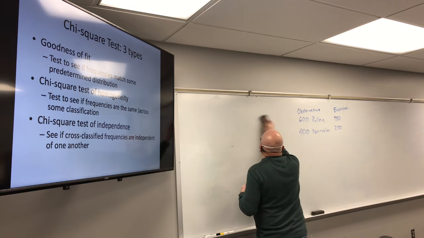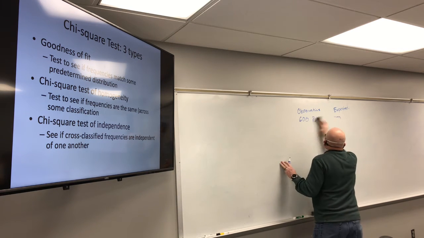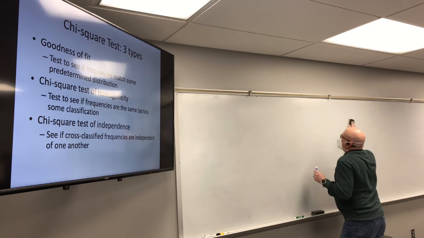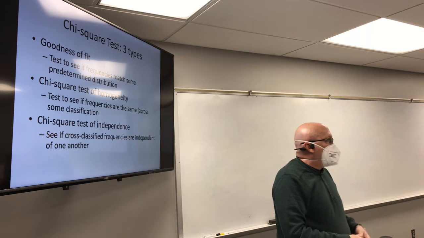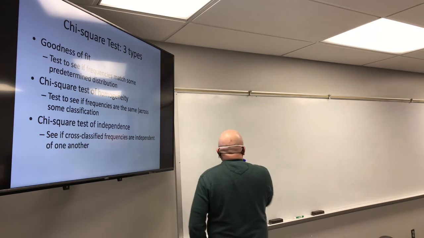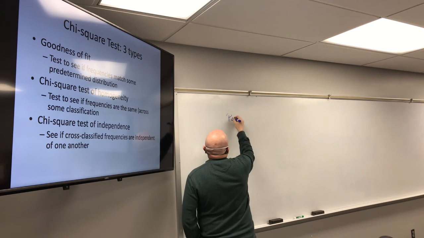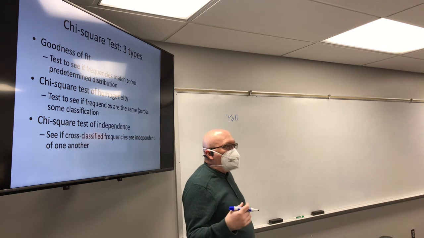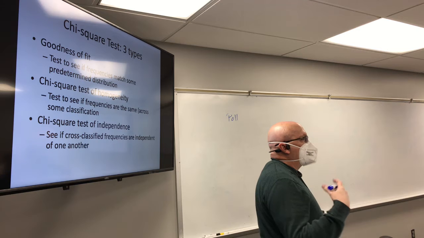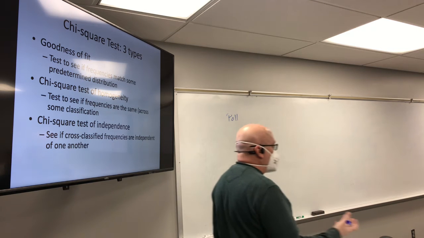A chi-square test of homogeneity is just a test to see if the frequencies of the different data are all equal. So for example, in the political season, we might take a political poll. In the last presidential election, Trump was running uncontested because he was the president.